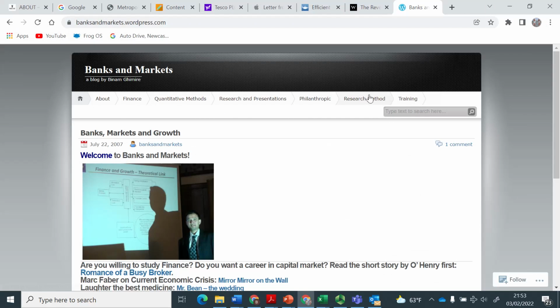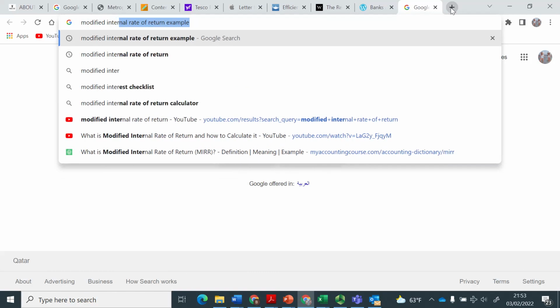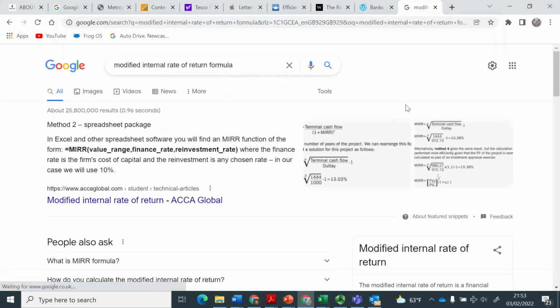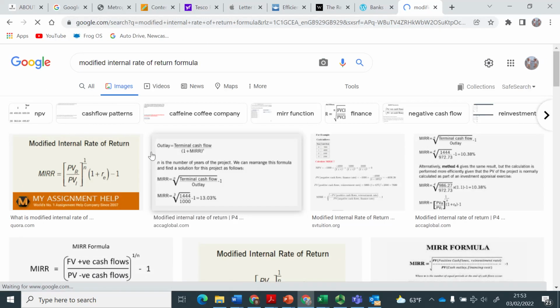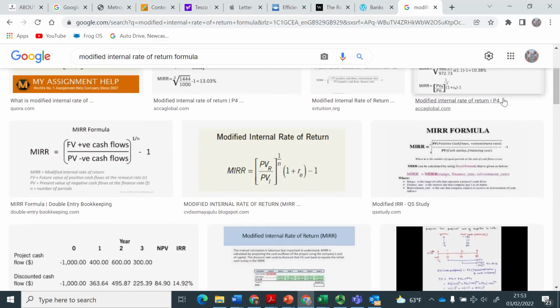You may want to see the modified internal rate of return formula, and you will be able to see that it basically can be computed similar to what we've done. Future value of cash flows, present value of cash flows.